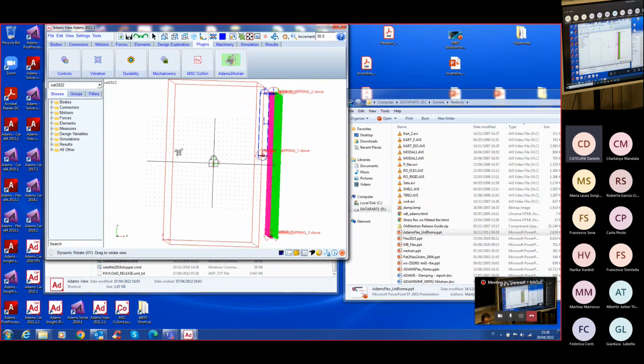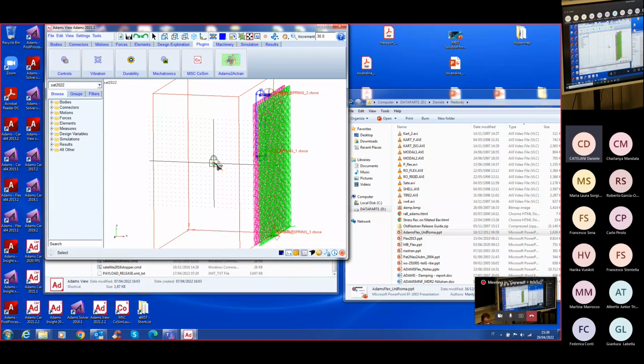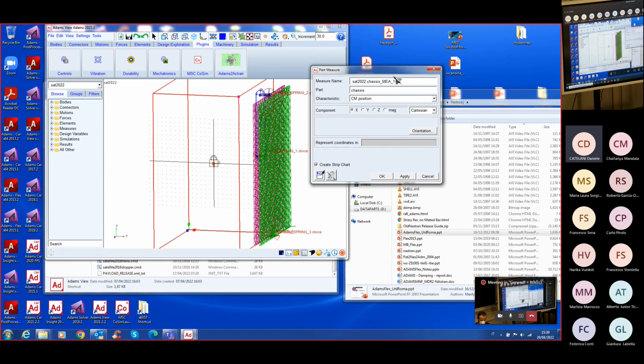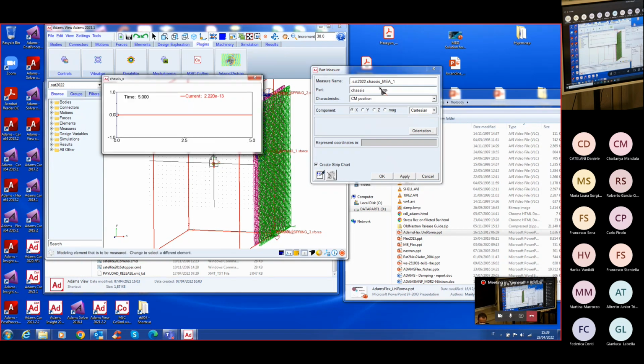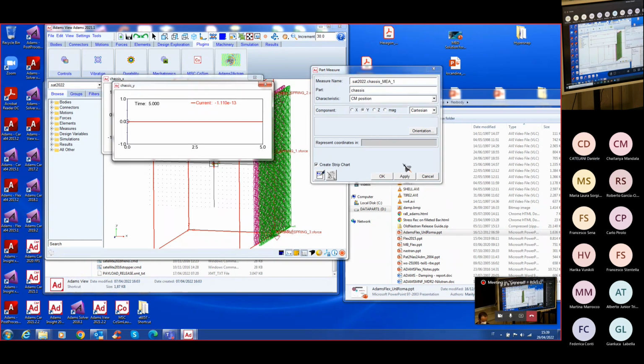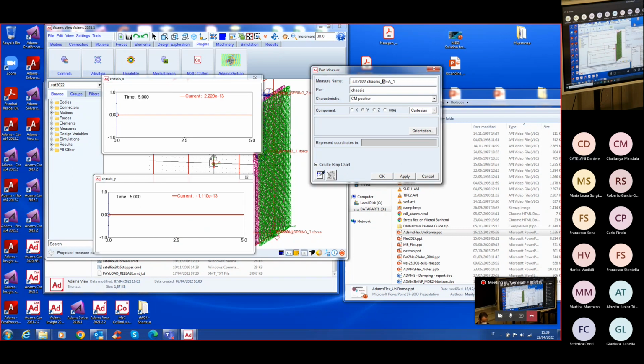So, first of all, go to the chassis here, select chassis measure, and create the chassis measure of movement along X in the space, along Y in the space, and along Z in the space.